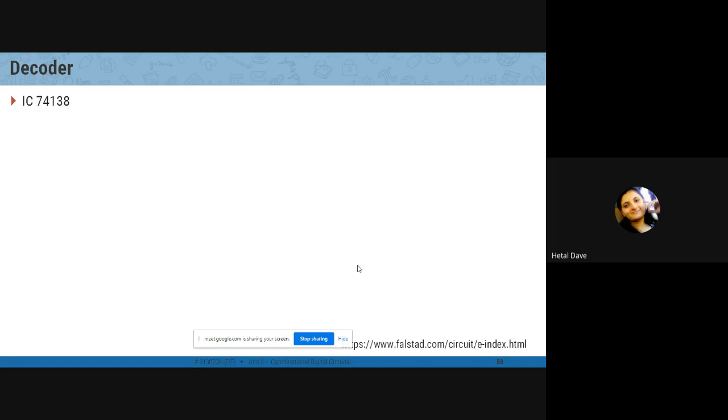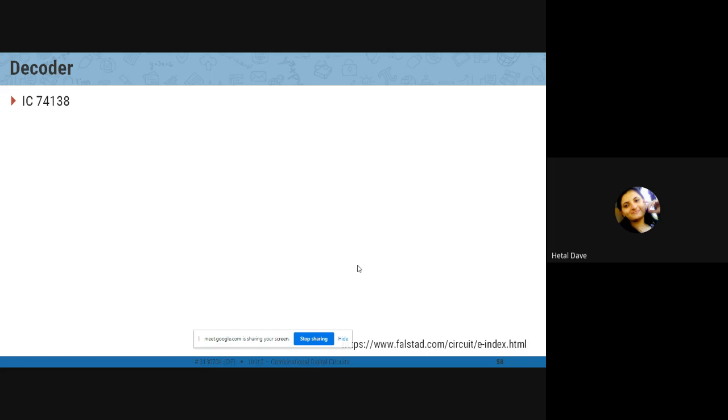What is the relationship between n and m? If 2 inputs, then 4 outputs. If 3 inputs, then 8 outputs. If 4 inputs, then 16 outputs. So the number of output lines is equal to 2 raised to the number of input lines.